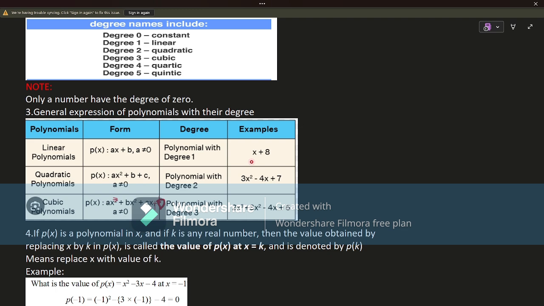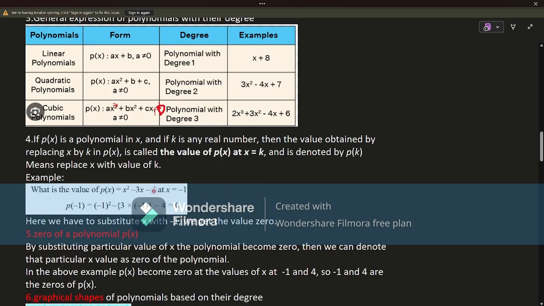If P of x is a polynomial in x, and k is any real number, then the value obtained by replacing x by k in P of x is called the value of P of x at x equal to k. Simply, by substituting a particular value in any polynomial, we get some value. That is called the value of the polynomial at a particular point. For example, the polynomial is x plus 8.